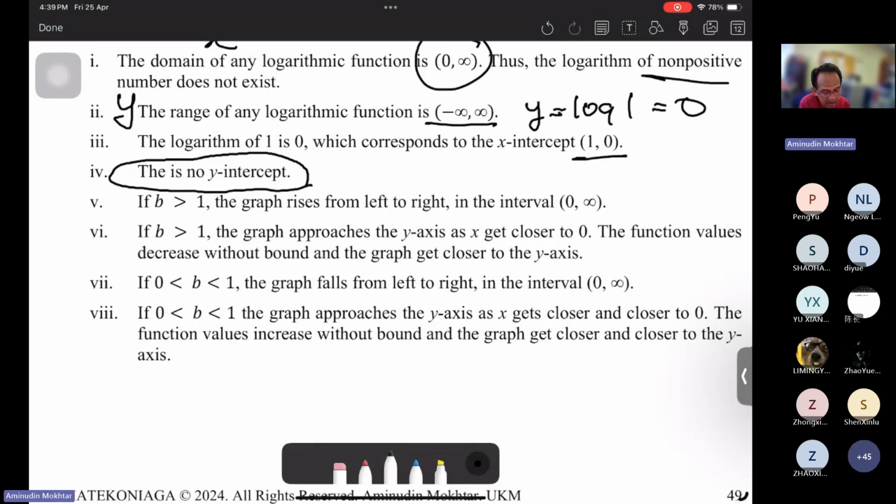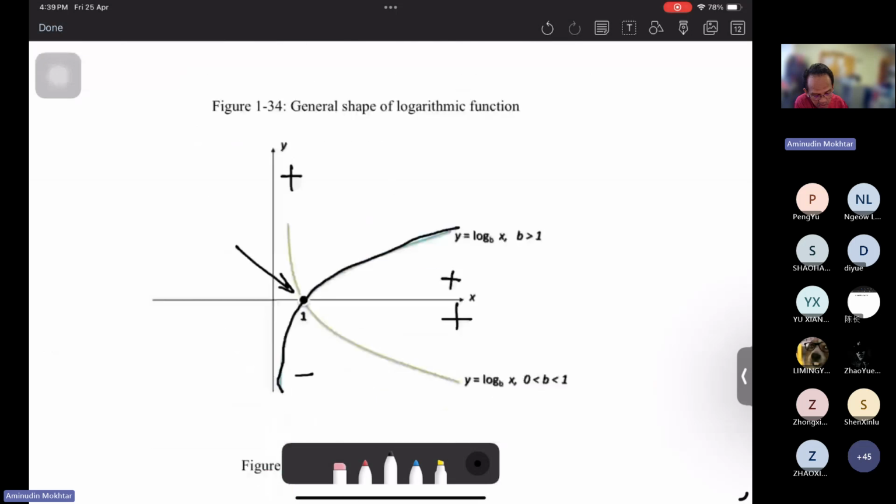if b, the base of the log, is greater than 1. What happened to the graph? The graph is rising from left to right in the interval 0 to positive infinity.